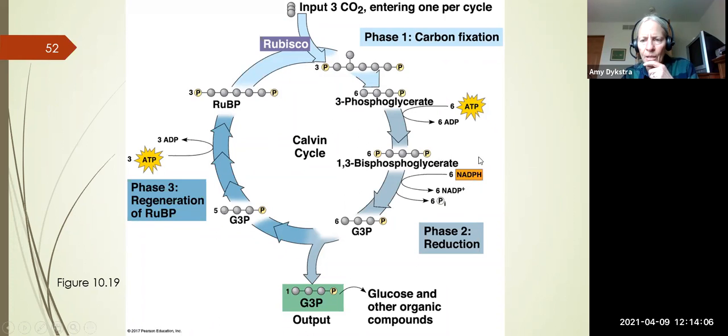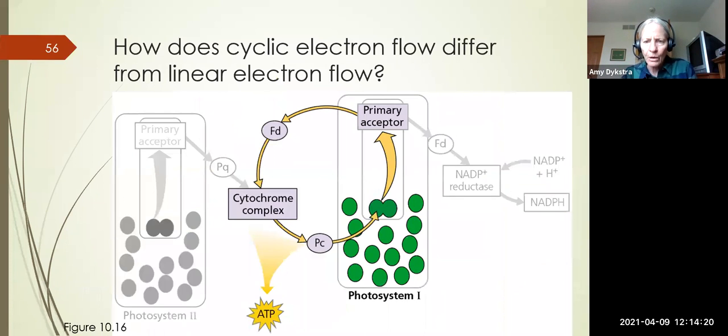So plants do a little bit of cyclic electron flow to generate a little bit of extra ATP just to balance out those numbers.